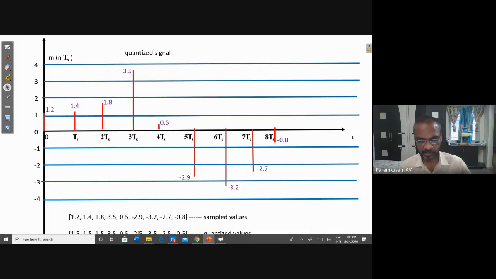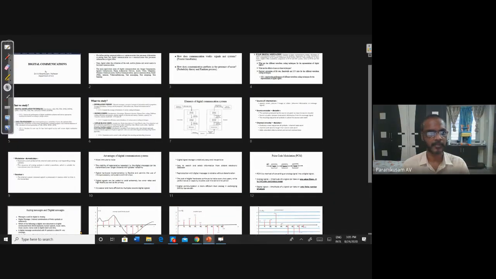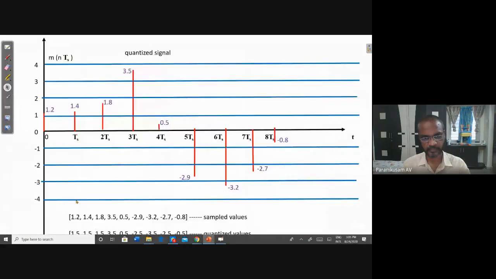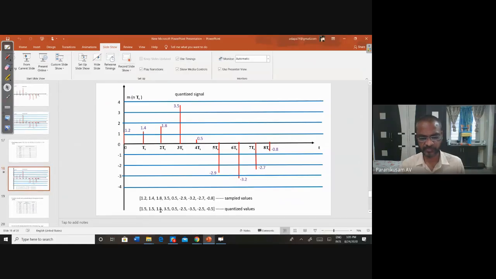Now these sample values are converted into weight. Okay, 1.2 is mapped to 1.5, 1.4 is mapped to 1.5, 1.8 is mapped to 1.5, 3.5 is mapped to 3.5, like this.